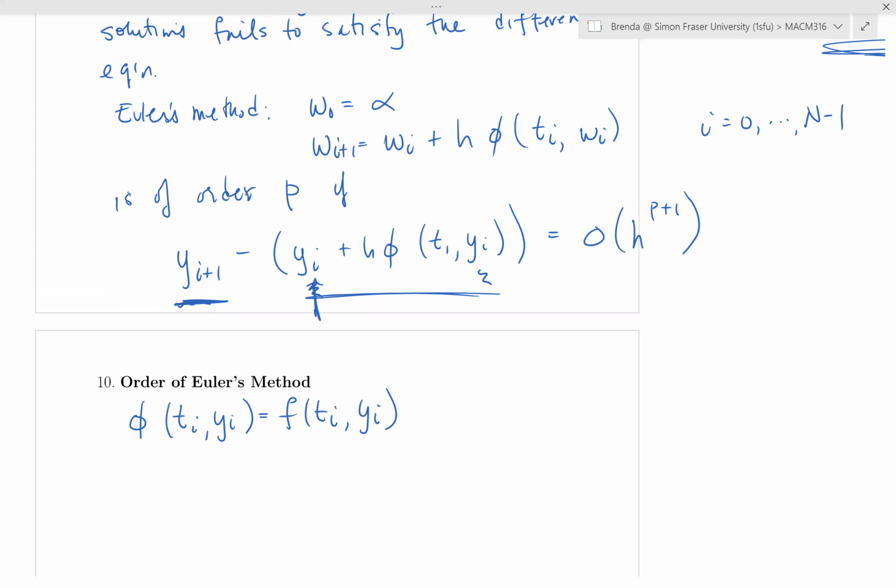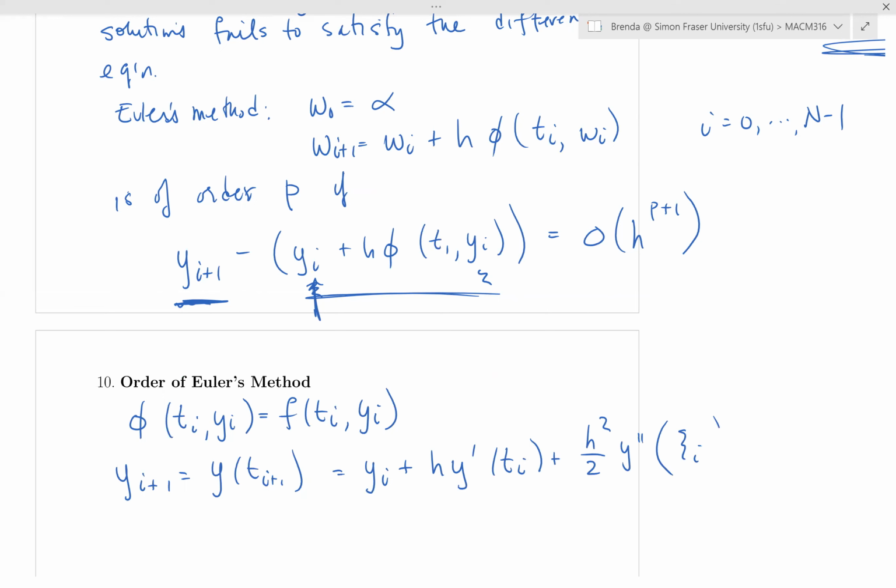We can take a look at this guy here, which I'm now going to label like that. I'm trying to make sure that y sub i plus 1 means the function evaluated at time t_{i+1}. That is y_i plus h y prime at t_i plus h squared over 2 y double prime at some point. Okay, this right here is scalar.